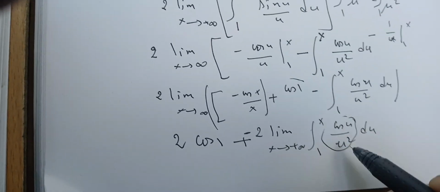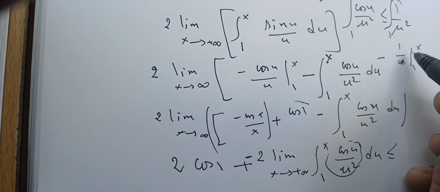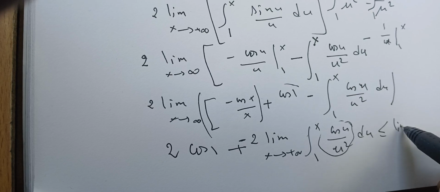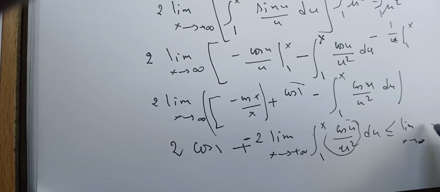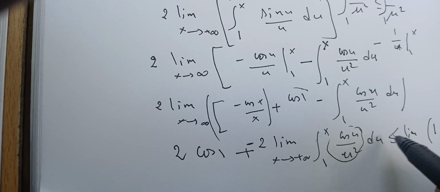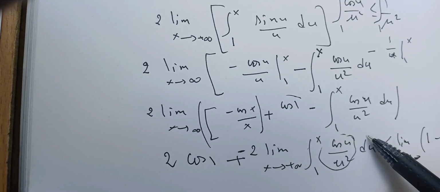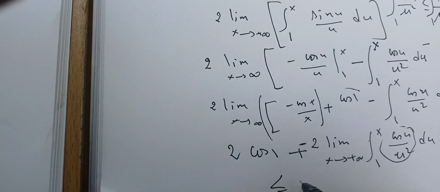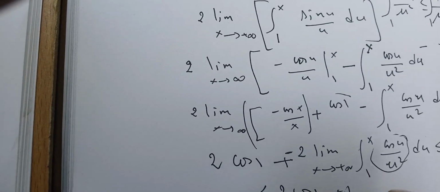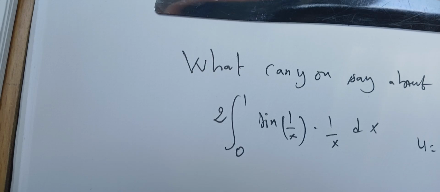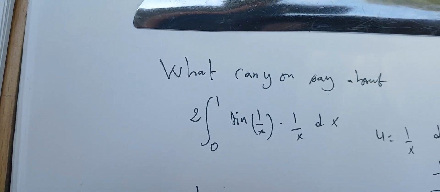The limit as x goes to infinity of 1 minus 1 over x is 1. Therefore this is bounded by 1. So this whole integral is less than 2 cosine of 1 plus 1, and that means it's finite. This proves that this integral is convergent.